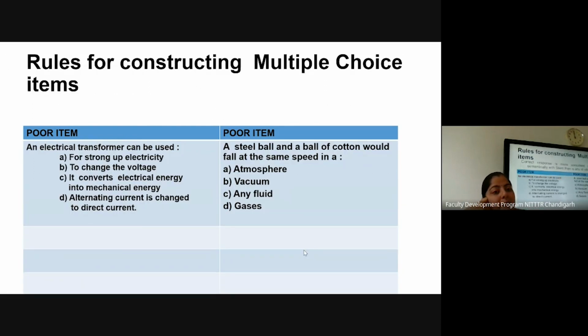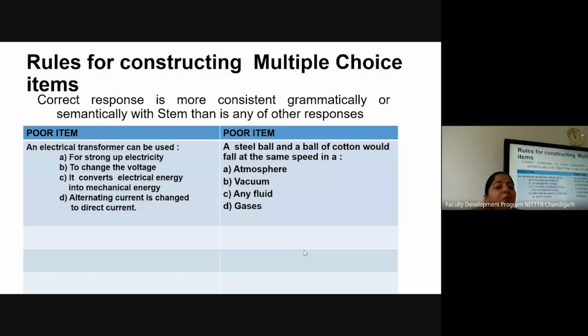Again, the correct response is more consistent grammatically and semantically with the stem than any of the other responses. An electrical transformer can be used for stepping up electricity, can be used to change the voltage, can be used... it converts electrical energy into mechanical energy.